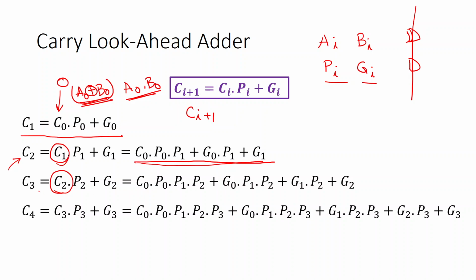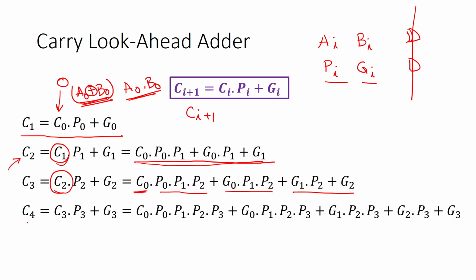So what have you used here for finding out C3? You notice you have used all things which can be calculated by only one level of gate operation. C0 is already available from the very beginning. P0, P1, P2, G0, G1, G2 all can be found out from the first level of gate operation.